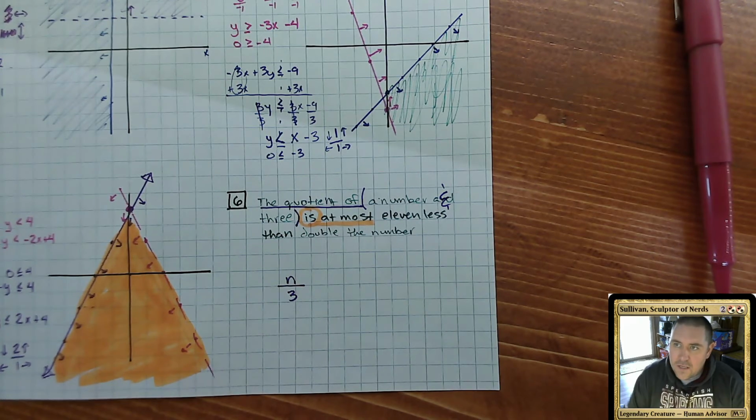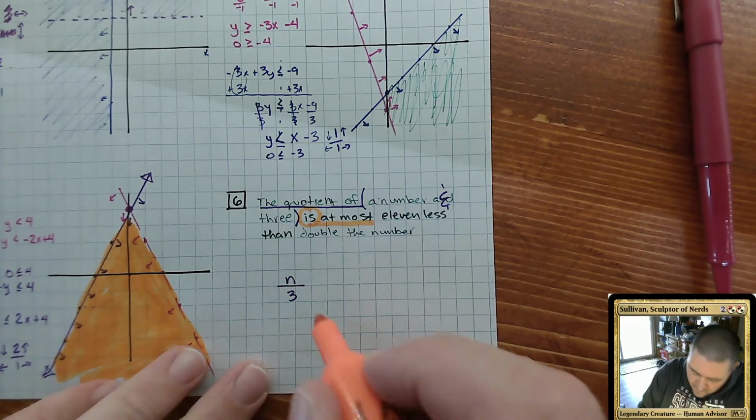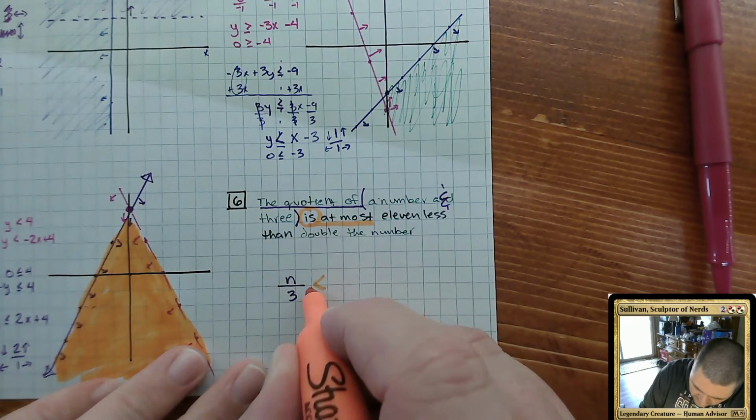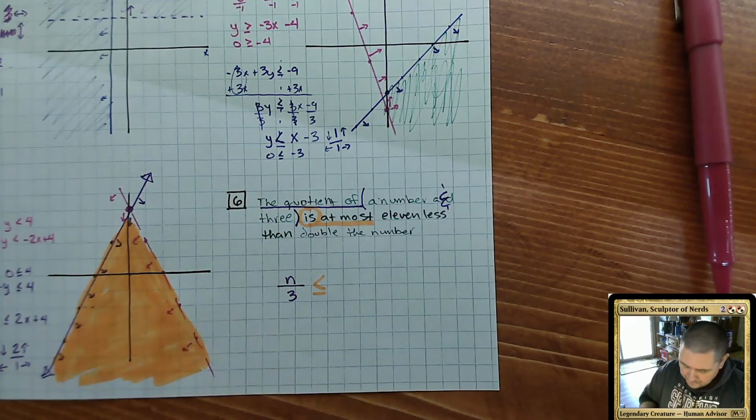So think about is at most. My savings is at most $200. Can it be 200? Yeah. Can it be bigger than that or smaller than that if it's at most 200? Can be smaller, right?